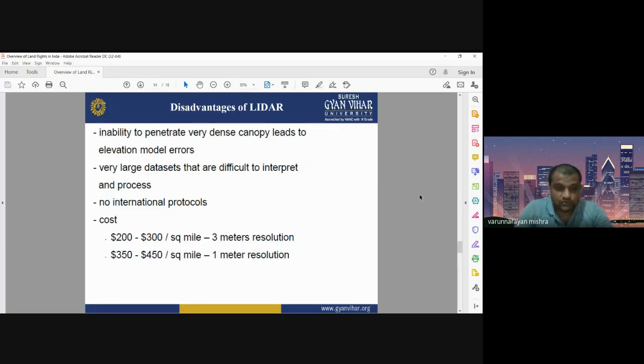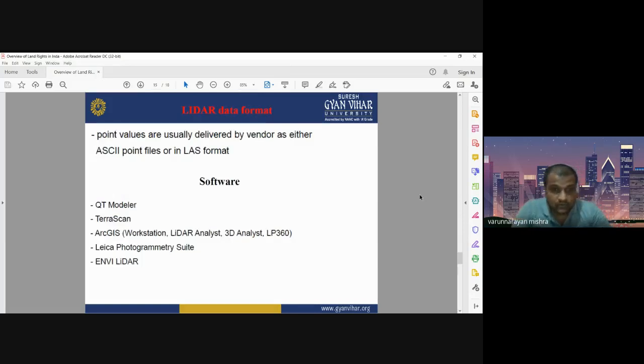Otherwise it is very much useful for getting very good details of the terrain. Okay, and now the format of the data. Whatever intensity values are captured by the lidar system, they are in the form of point values. These point values are delivered in the format of ASCII point format or LAS format.